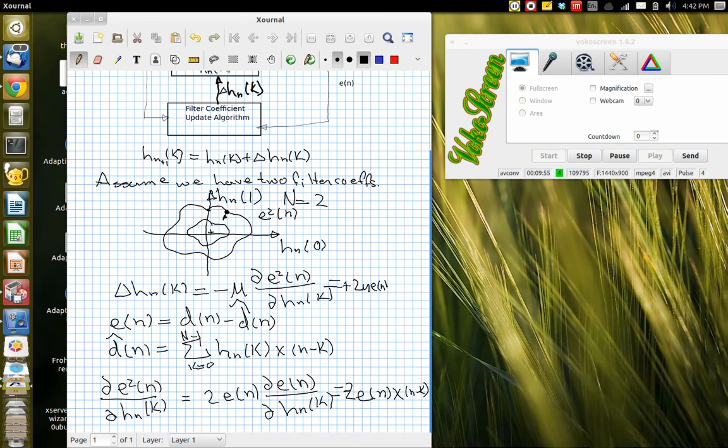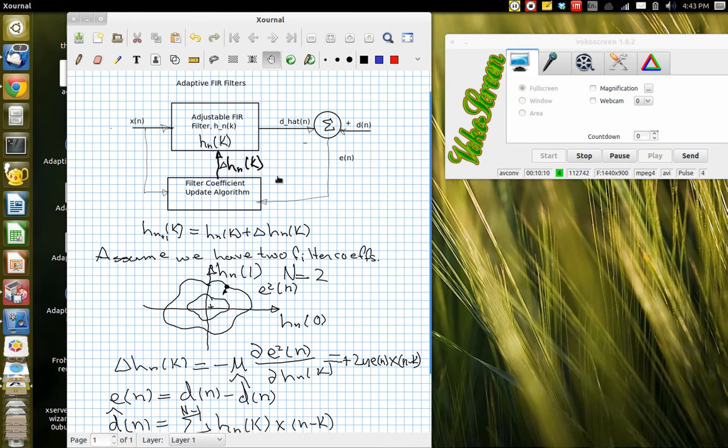Then if we plug this back up into the derivative, there needs to be a negative sign right here because it's minus d n hat. So it's going to be plus 2 mu e of n, and then x of n minus k.